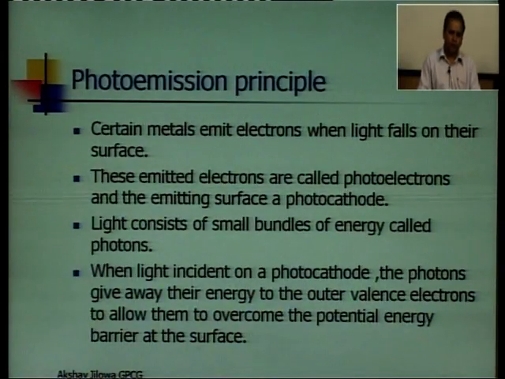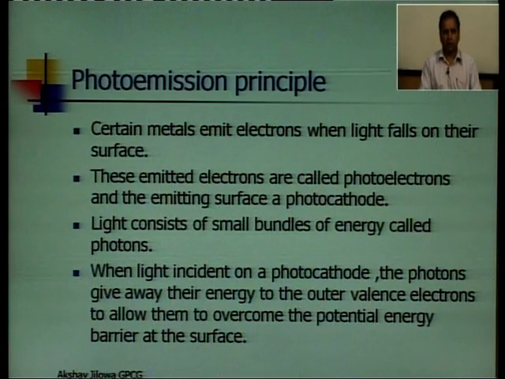First, the photoemission principle. Certain metals emit electrons when light falls on their surface. These emitted electrons are called photoelectrons and the emitting surface a photocathode.